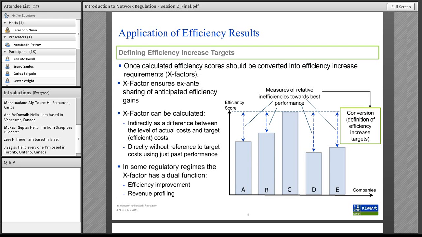And as already said, it is important here to consider what is the time to eliminate this inefficiency. 30% inefficiency can be eliminated for 1 year, very heavy requirements, 30%, or over 10 years, 3% per year in linear terms. It can be eliminated in 2 stages, for example, 10% for 1 year, or smaller targets just for the next year, or it could be together, just gradual reduction with constant annual targets.